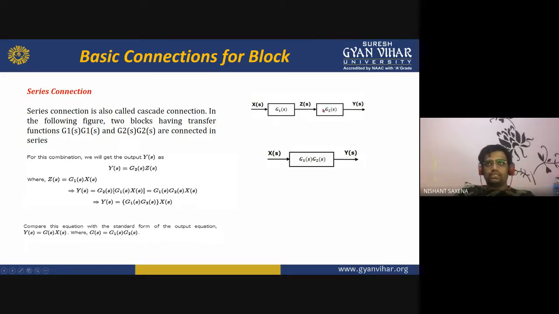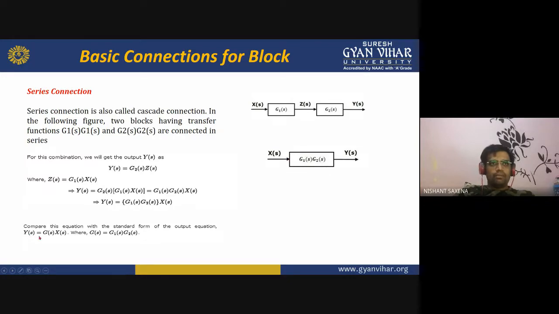Z(s) into G2(s), and Z(s) is what? X(s) into G1(s). So when we substitute, X(s) into G1(s) into G2(s) will give me Y(s). That means Y(s) will be equal to G1 into G2 into X(s). So that's why we are combining the two blocks by multiplying them into a single one, like this.